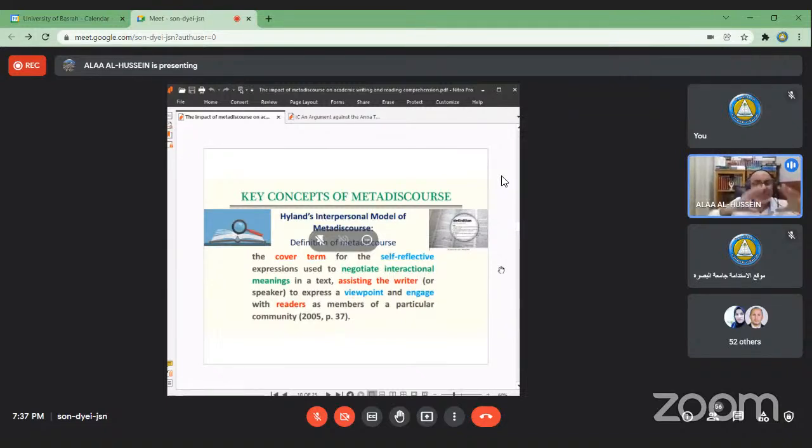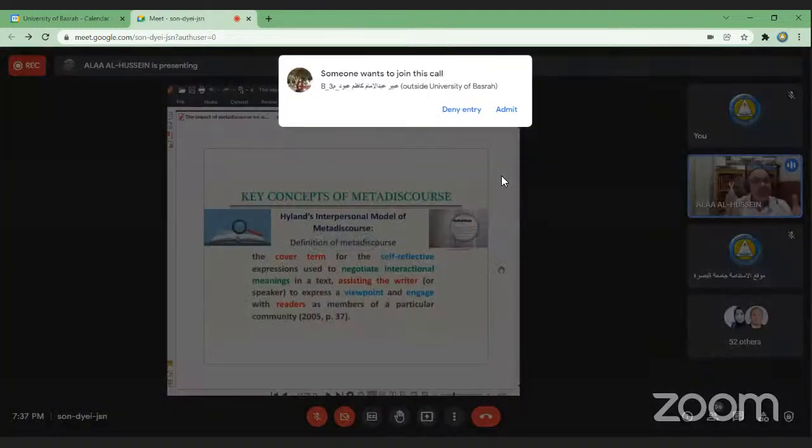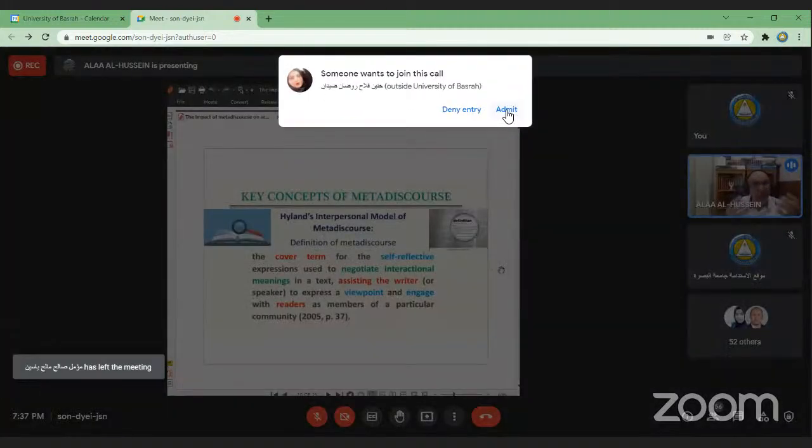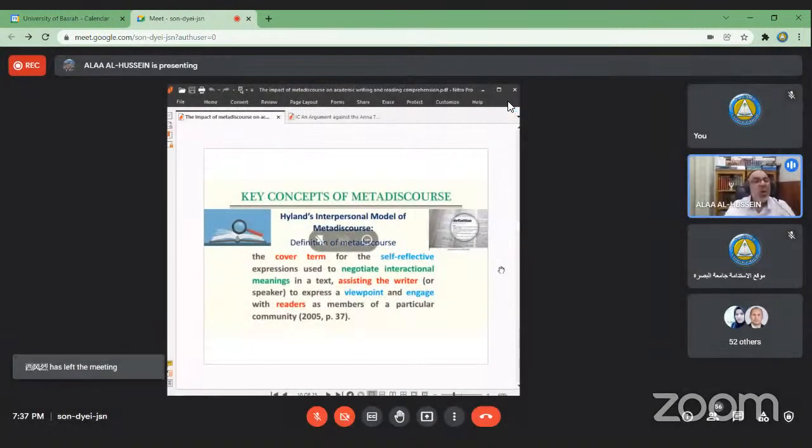Hyland, because of his understanding of the holistic meaning of metafunctions by Halliday, understood that even those they call textual, and interpersonal, even those meta discourse markers are working interpersonally, are working to join the text, to create a coherent text for the reader.